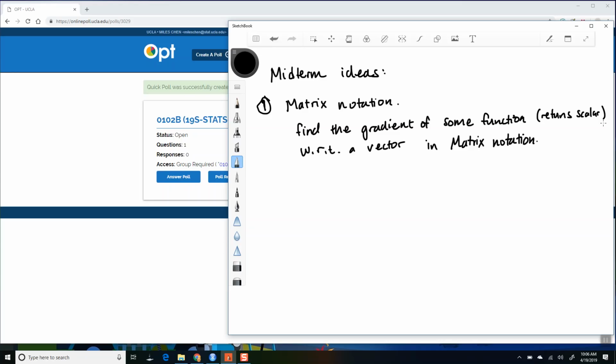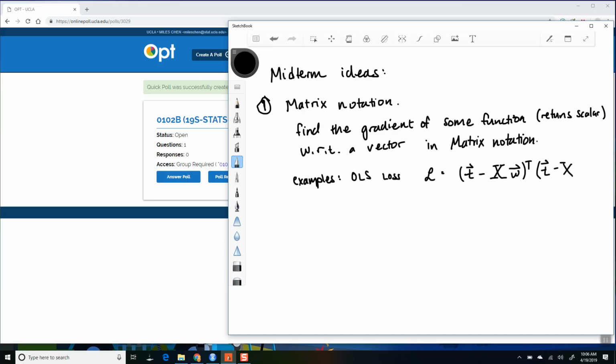So, examples are like the loss function. This will be like the OLS loss, which looks like t minus X w, transpose, t minus X w.